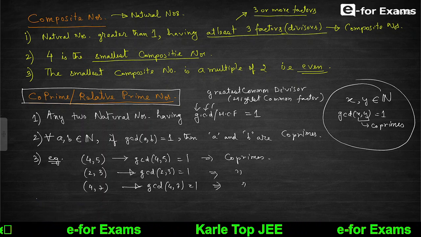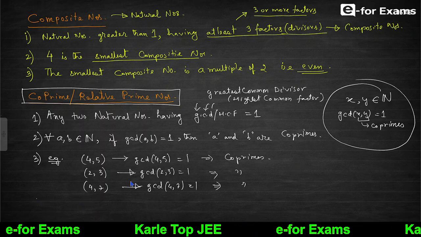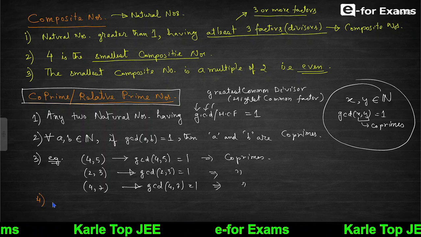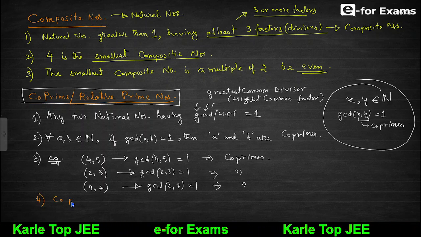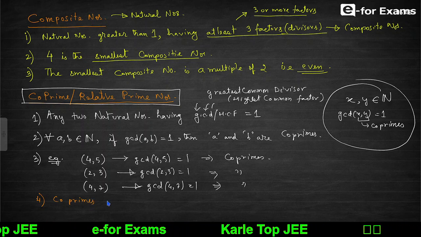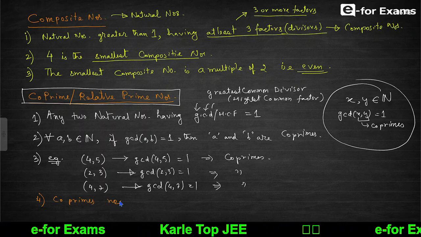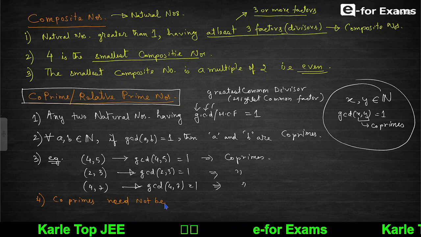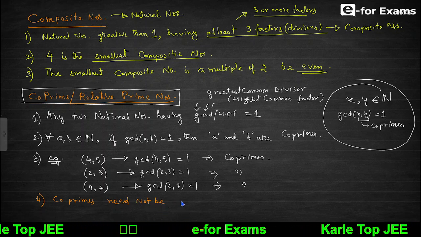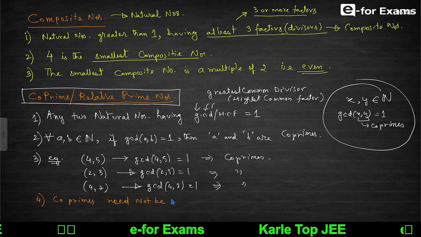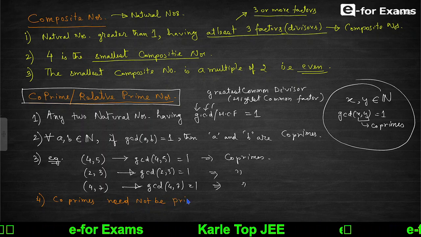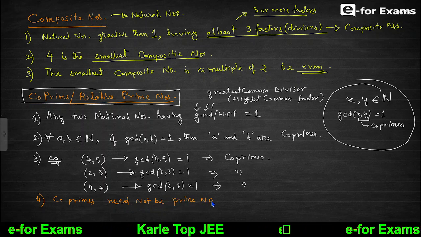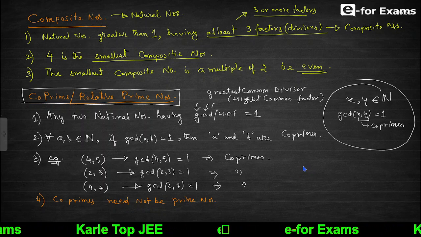Point number 4. This is important. Coprimes need not be prime numbers. They can be prime numbers or non-prime numbers.